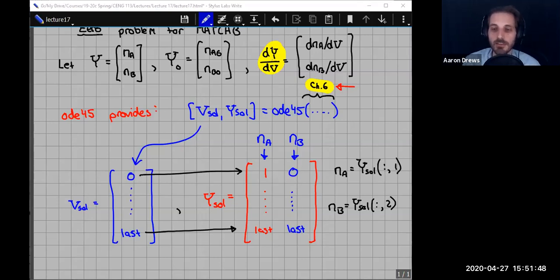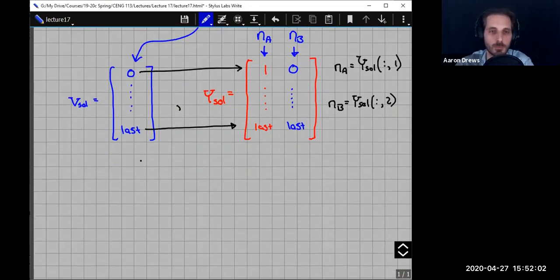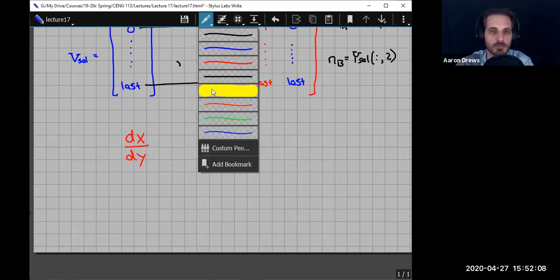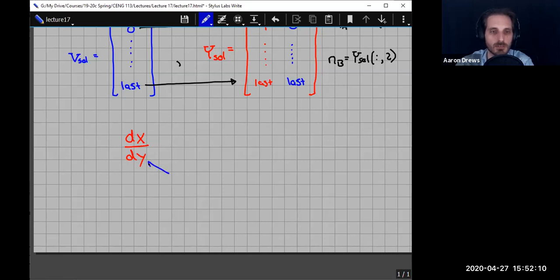Yeah, anything in the numerator are the dependent variables. The one in the denominator is the independent variable. So, oh, I have my pen upside down. So any dx dy, this one is your independent variable. This one is your dependent variable.